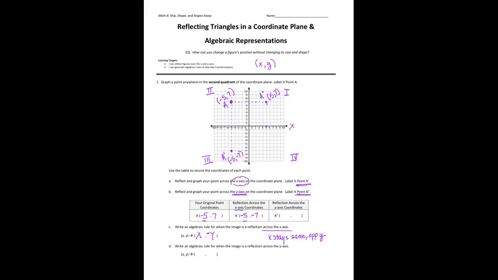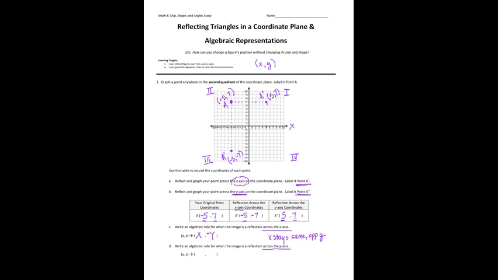So come down to your box, and A double prime has a positive x value and a positive y value. Here it says, let's write a rule for a reflection across the y-axis. Well, hopefully you notice that this time the y coordinate stayed the same, but instead of having a -5, I have a +5.